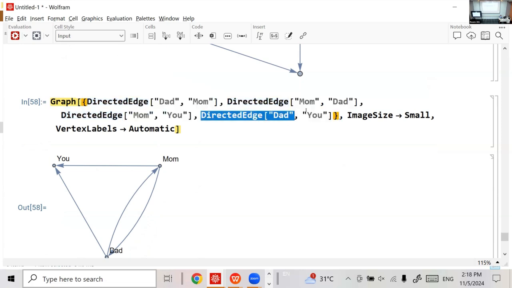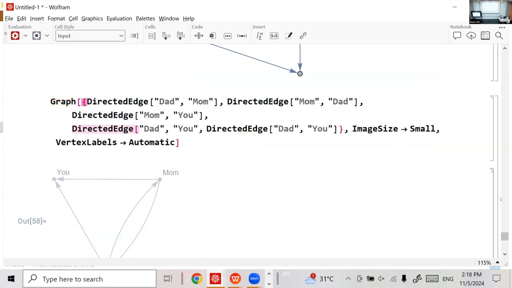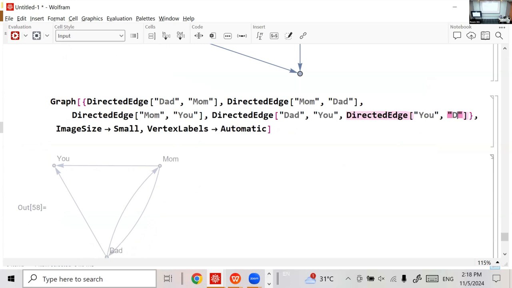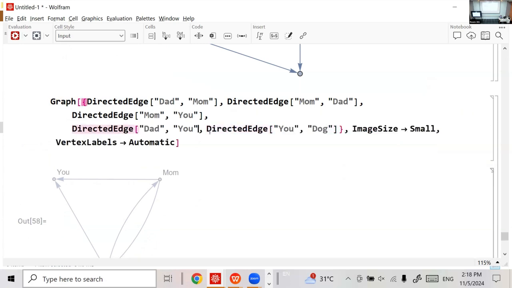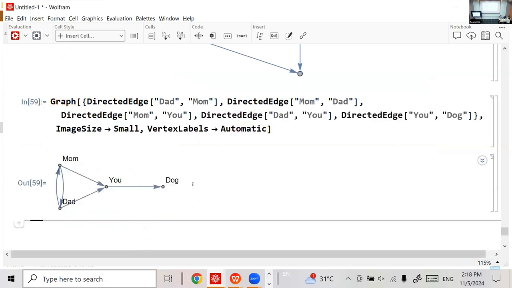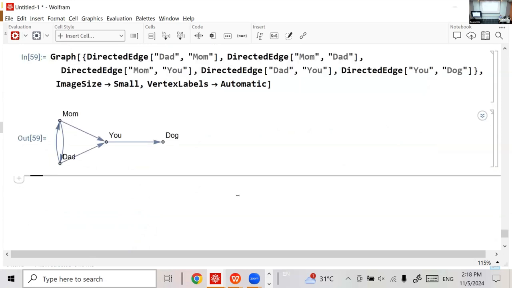And maybe add another one: you love the dog. Okay, so there it is.